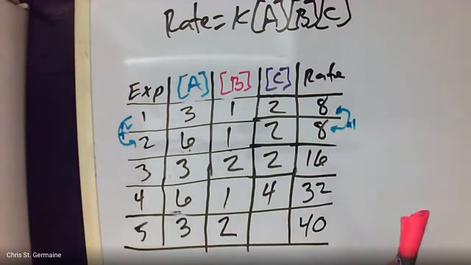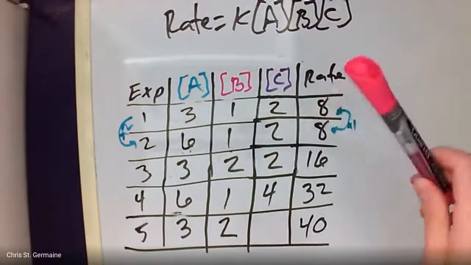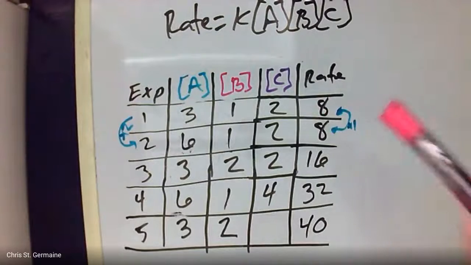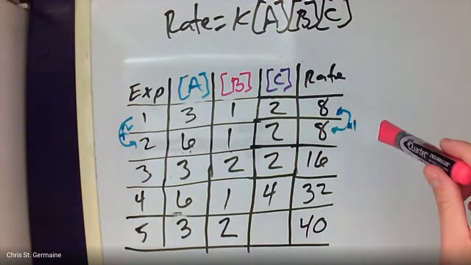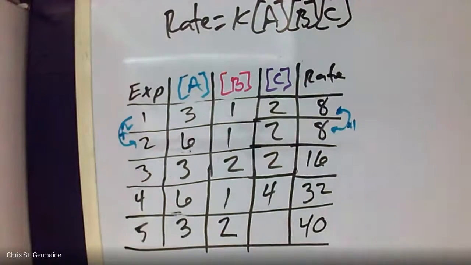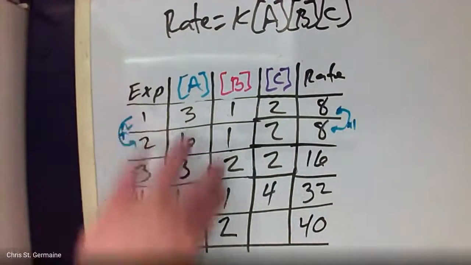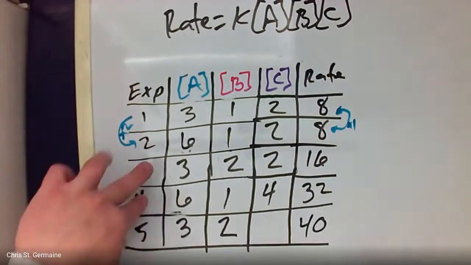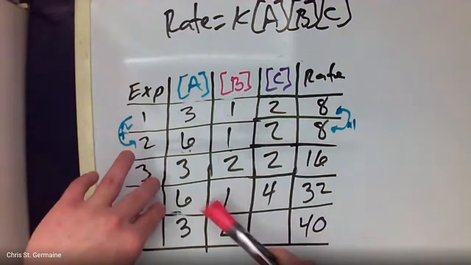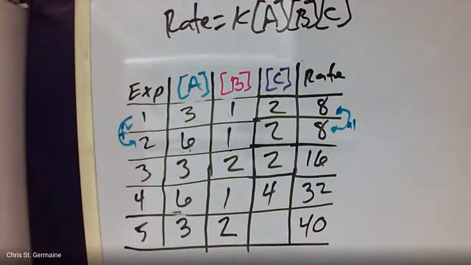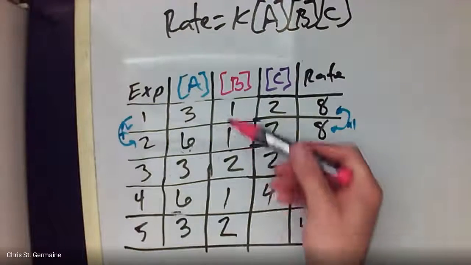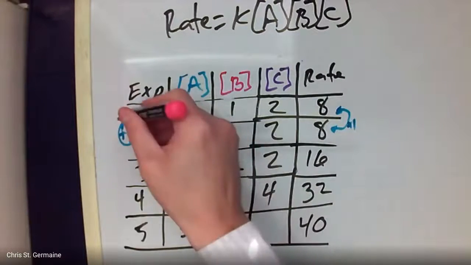Now let's do B. We need to find 2 experiments where only B changed. So we can't do 2 and 3 because A changed and B changed. We can't do 3 and 4 because, well, they all changed. So what we have to do is 1 and 3.